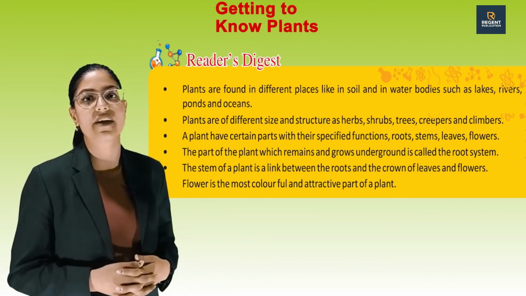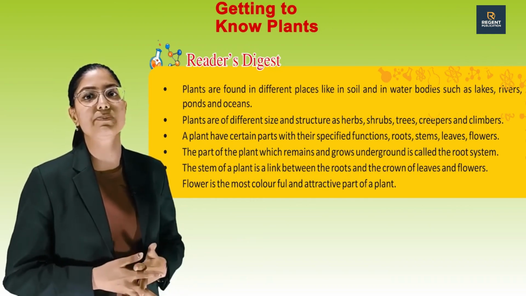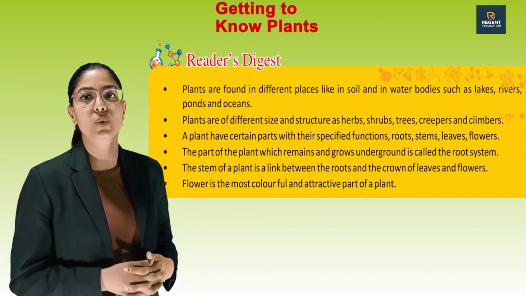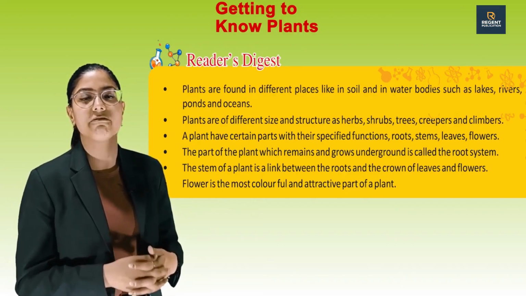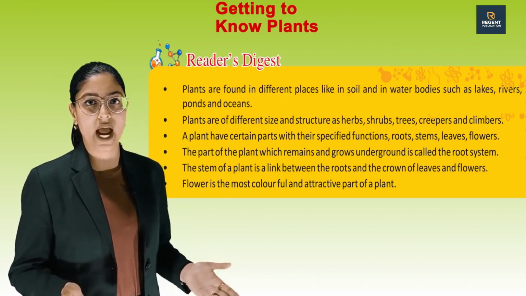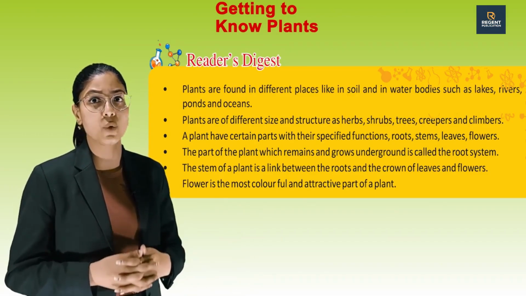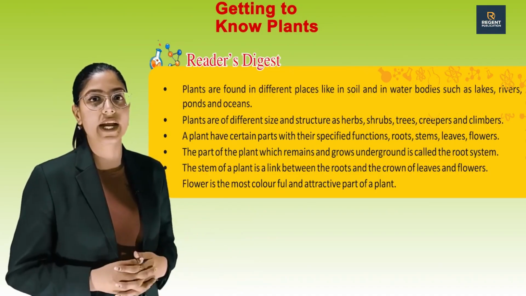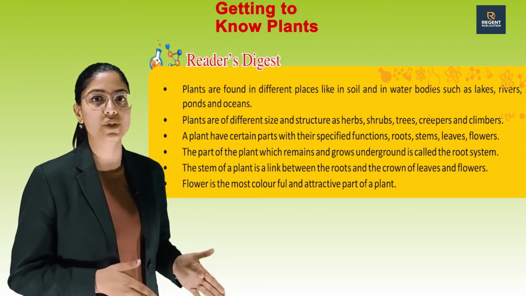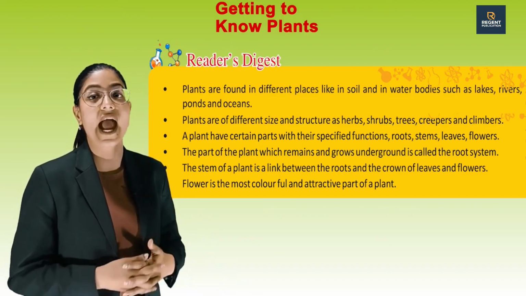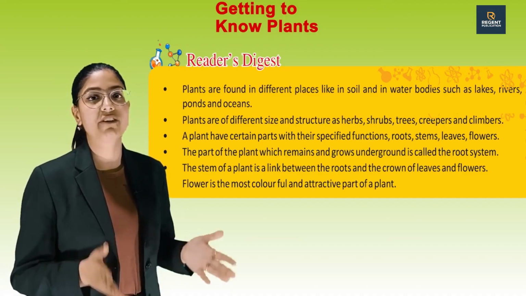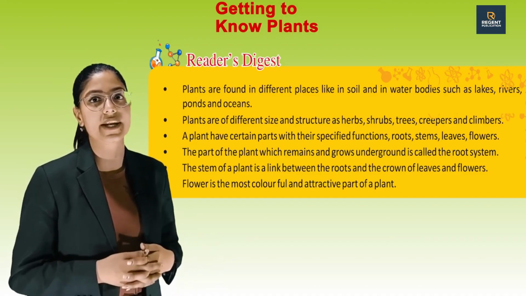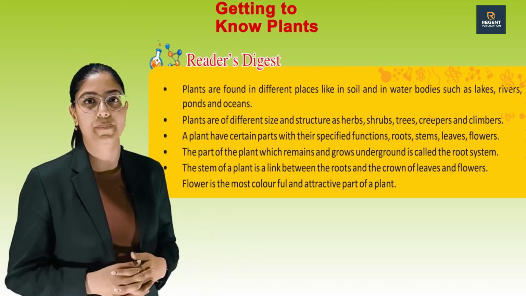Plants have certain parts with specified functions: roots, stems, leaves, flowers. The part of the plant which remains and grows underground is called the root system. The stem of a plant is a link between the roots and the crown of leaves and flowers. Flower is the most colorful and attractive part of a plant.